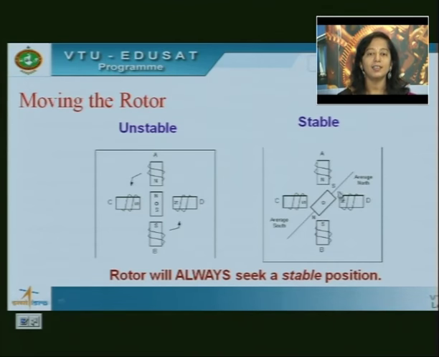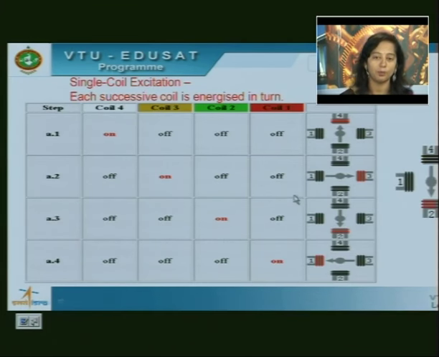It will settle in such a way that the south pole comes in between the 2 north poles of the electromagnets, and the north pole of the permanent magnet will come in between C and B, the south poles of the electromagnets. So the rotor will always seek this stable position.